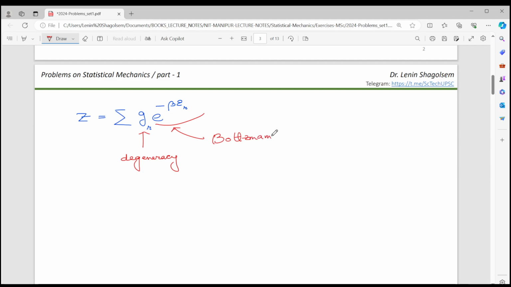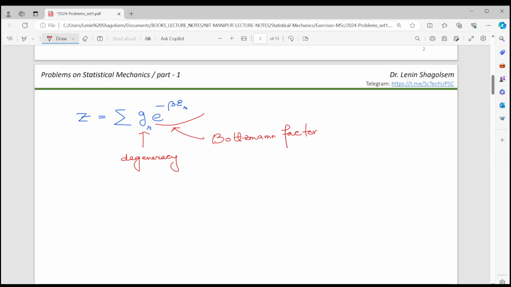What we have seen is, many of the systems can have degenerate energy states, as we have already seen in quantum mechanics also. You can have different states which give you the same energy. So that we have to take into account also.